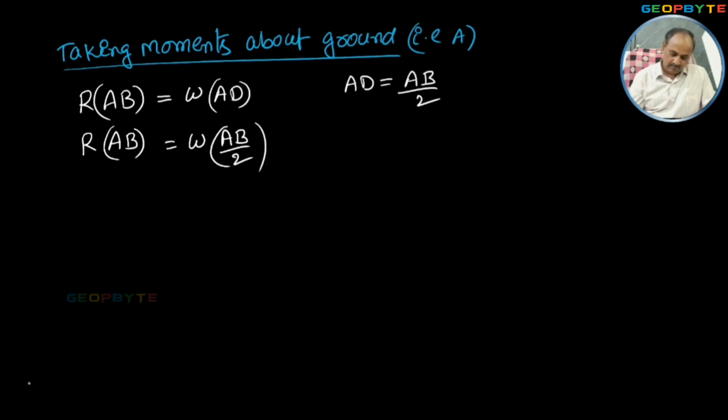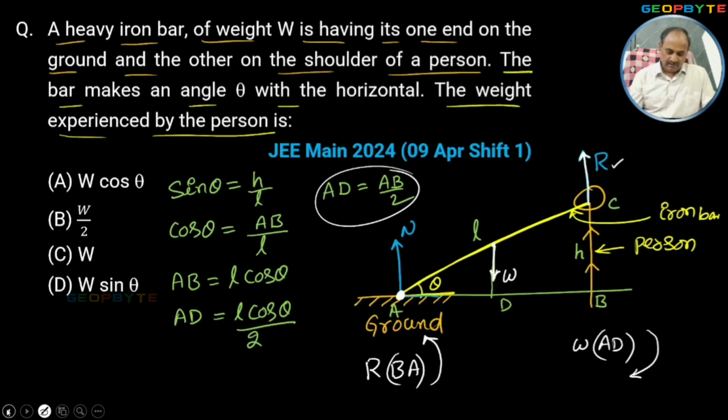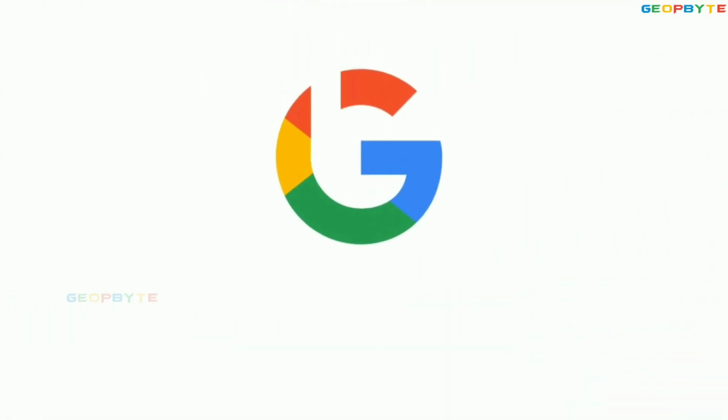AB cancelled. Finally, the normal reaction at the person equals W by 2. Therefore, the weight carried by the person equals W by 2. Look at the options. Option B is absolutely correct. Understood clearly? Yes.